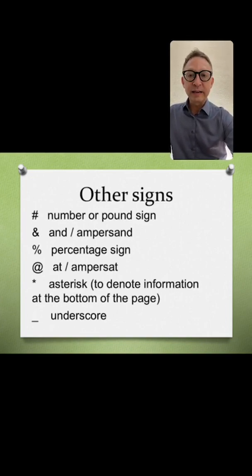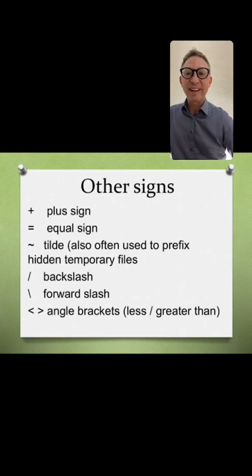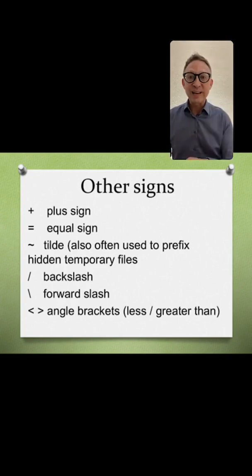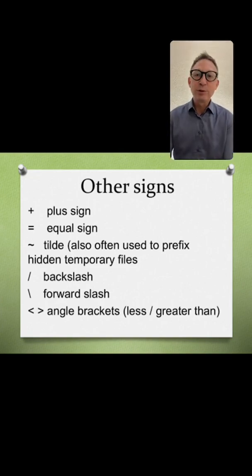And then finally, in our list of miscellaneous terms, we have the plus sign, the equal sign, the tilde, that's a very uncommon one, mainly used in programming. The backslash, the forward slash, and the angle brackets, or less than and greater than in mathematics.